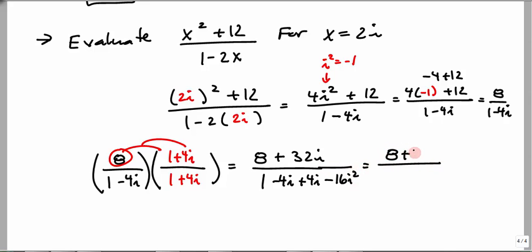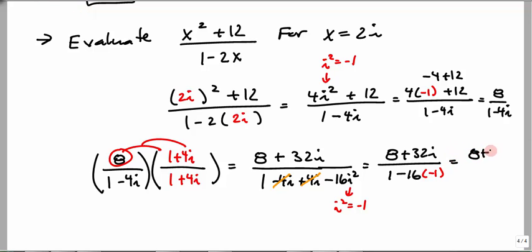So in my numerator, 8 plus 32i. Now in my denominator, my outside and my inside terms cancel. And then again, I have to remember that i squared is equal to negative 1.